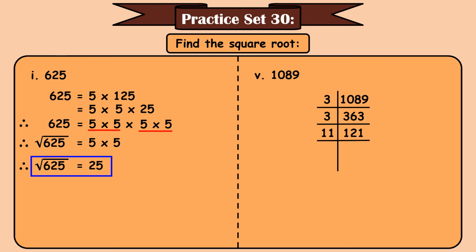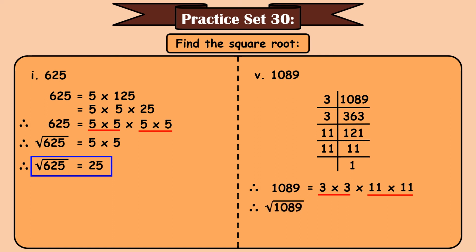Again you have the 11 times table here. 11 11s are 121 and 11 ones are 11. So I write the factors in the horizontal way, that is 1089 is equal to 3 into 3 into 11 into 11. Pair it up, 3 and 3 together, 11 and 11 together. So square root of 1089 is equal to 3 into 11, that is 33.